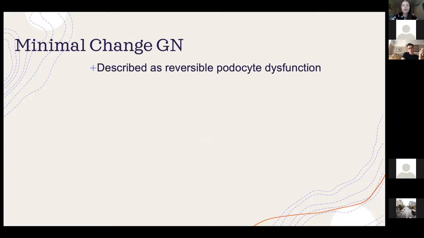So the pathophysiology is reversible podocyte dysfunction, which sounds a bit silly, and a lot of these terms are quite complicated, but these are the buzzwords that will often come up in MCQs. So if in the back of your mind you can remember some of these common renal biopsy changes, that's quite useful for recognising the cases.